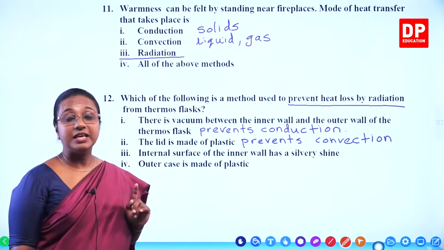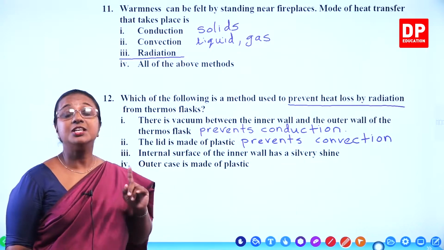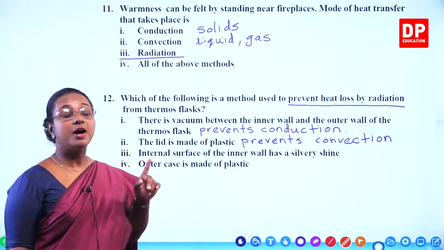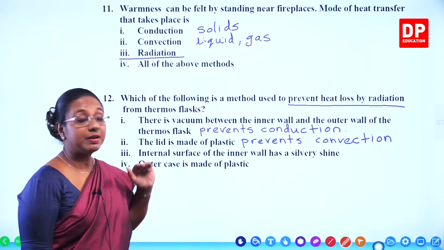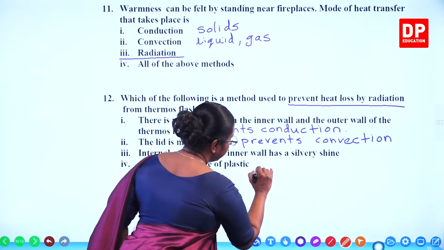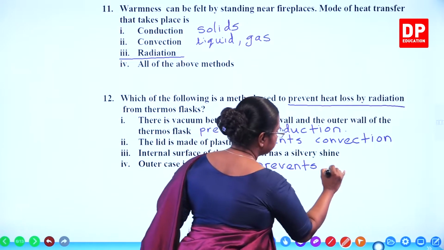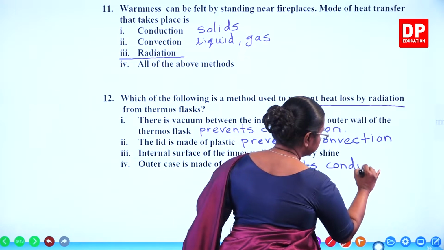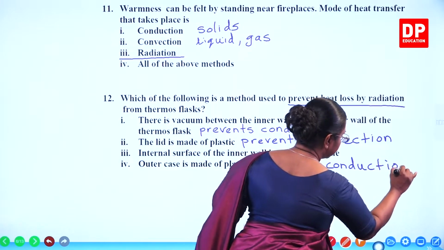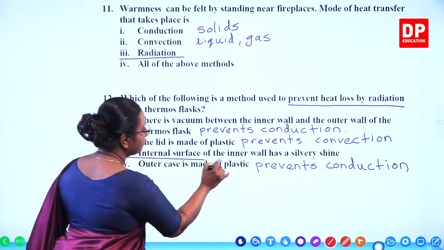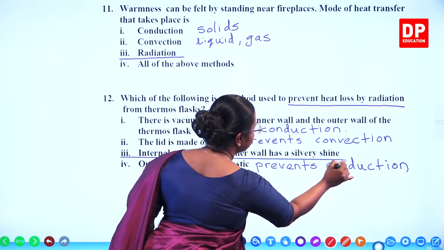Internal surface of the inner wall has a silvery shine. That is correct. And the outer case is made of plastic. That again prevents conduction. So that means the internal surface of the inner wall has a silvery shine.